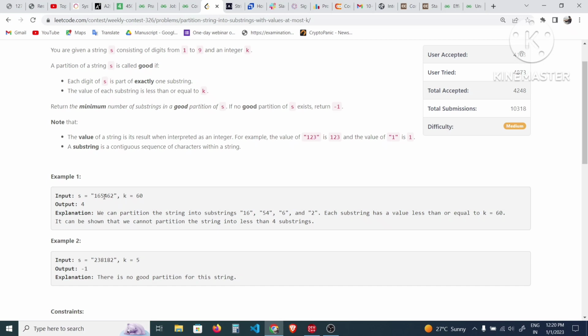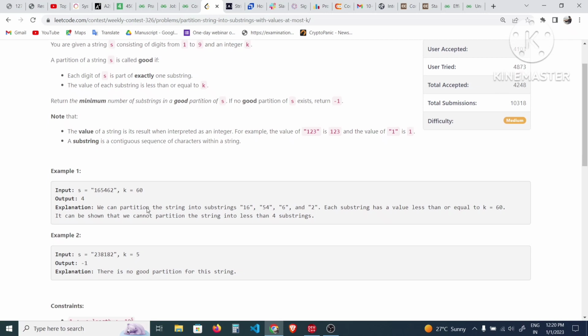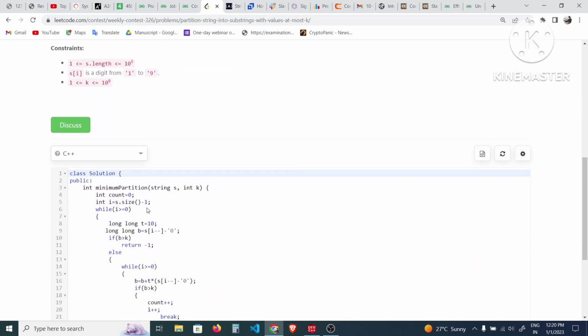Again I will take 5, and this time I multiply 5 by 100, so it will become 546, but it is greater than 60, so I will leave 5 and make 46 another substring, and I will start freshly from 5. Similarly for the other 2 digits. Hope you understand the logic.